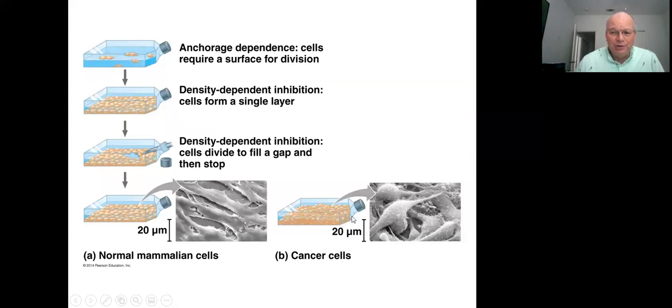If you grow tumor cells, fibroblast tumor cells, they will continue to grow irrespective of whether they have filled the available space or not, because they totally ignore the density-dependent inhibition. They've found a way around that. And so tumor cells are very specifically cells that ignore density-dependent inhibition.